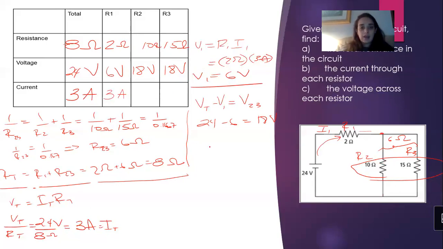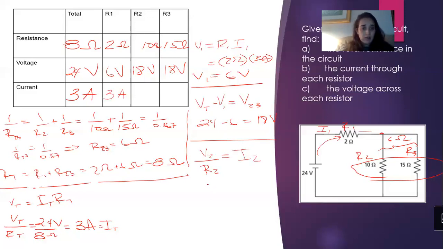So let's look at finding what the current is for my second resistor. Since I have 2 knowns here, I have my voltage and I have my resistance, I can easily find the current. Again, we're using Ohm's law. And we know that the voltage through resistor 2 divided by the resistance of resistor 2 will give me what the current is.